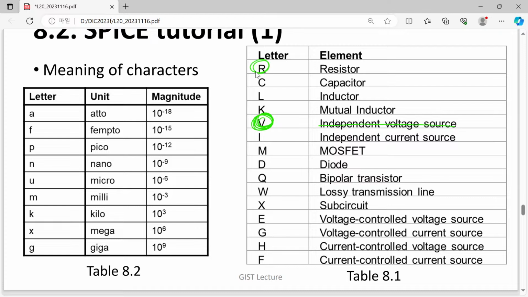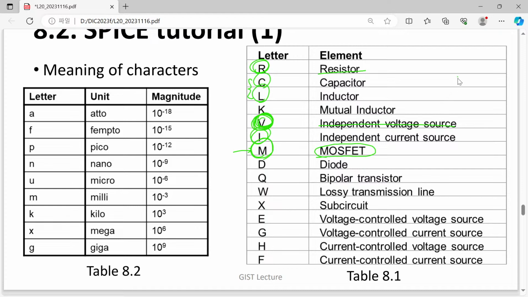R represents the resistor, and you can find many others. For example, capacitor, inductor. Also, you can have a current source. Another one we can recognize is M. M is reserved for MOSFET.